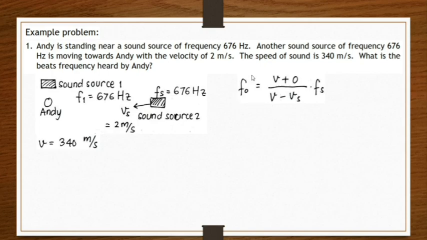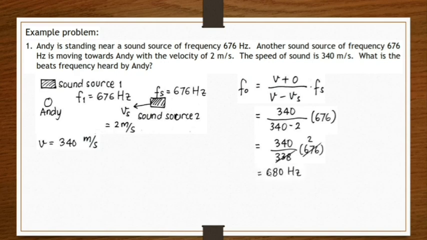Of course, F of the observer should be higher than before. Then you'll need to subtract, and this should be multiplied by Fs. So we have 340 divided by 340 minus 2 multiplied by 676. It is equal to 680 Hertz.